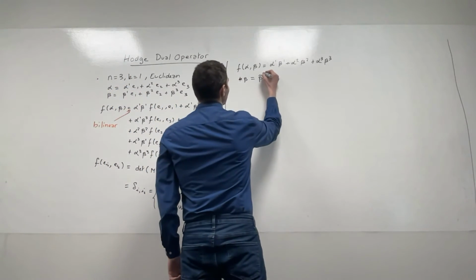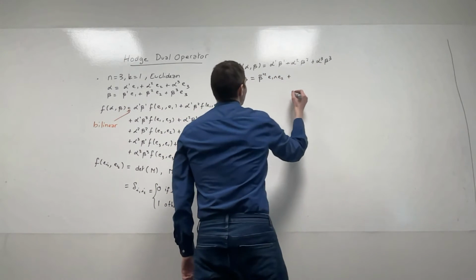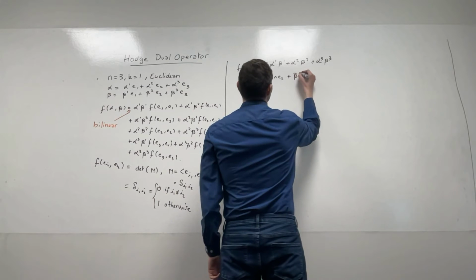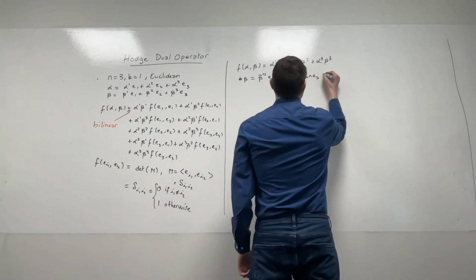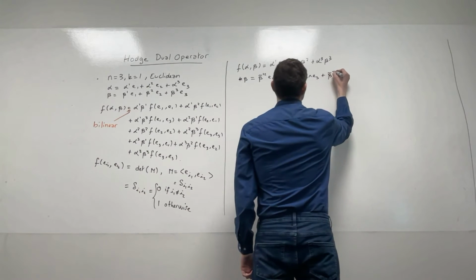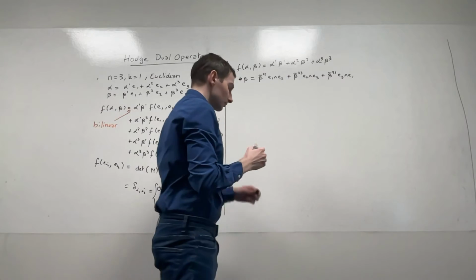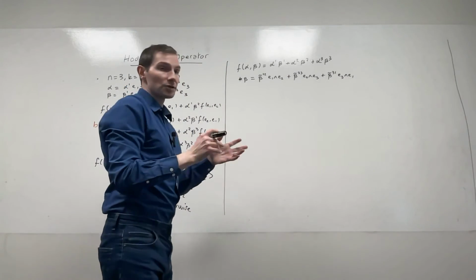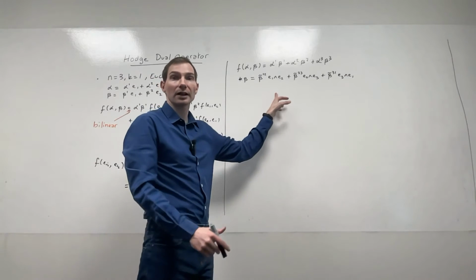So I'm going to put beta tilde 1 2, e1 wedge e2, plus beta tilde 2 3, e2 wedge e3, plus beta tilde 3 1, e3 wedge e1. Now you could say, what's going on? Is it only these three that I can have?